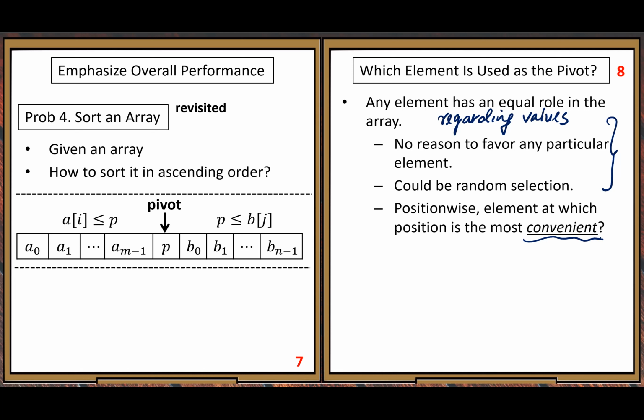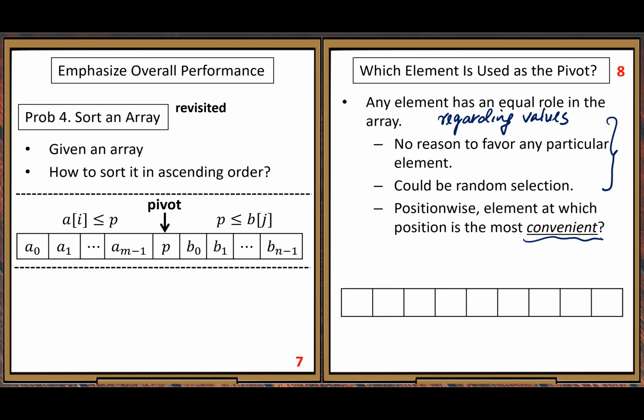I need to draw a diagram to show you this consideration, also very important. Here, let me use this sequence of boxes representing the locations for all the elements in the array. Now, we need to consider that for different locations, the work we need to do could be different.